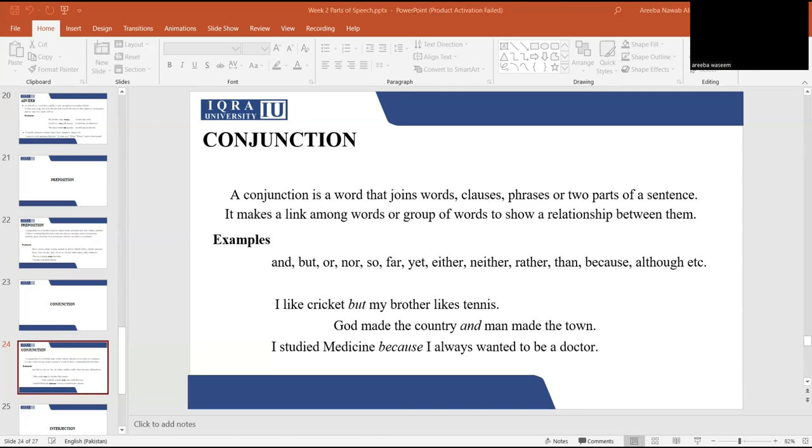Both of these are independent sentences, and then we are showing the relationship between them. We are showing why did I study medicine, and to show that relationship we use the word because, which is our conjunction, right? Okay.